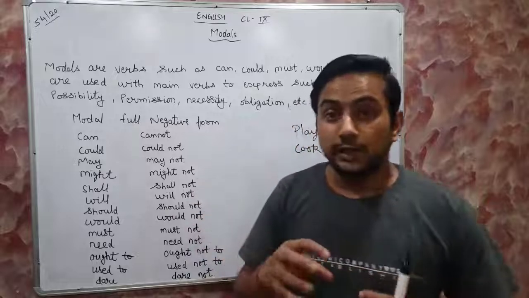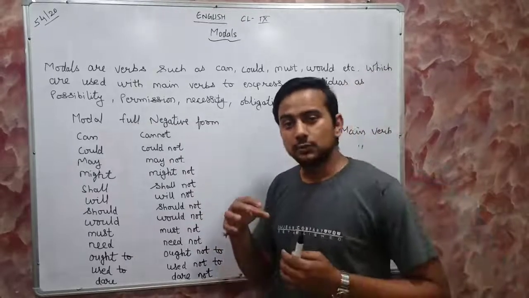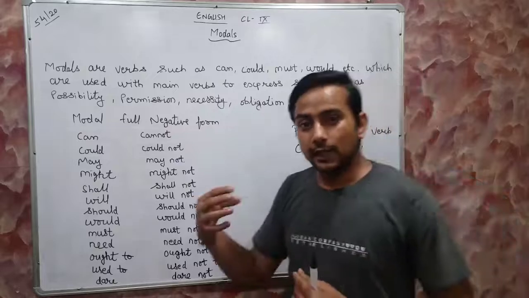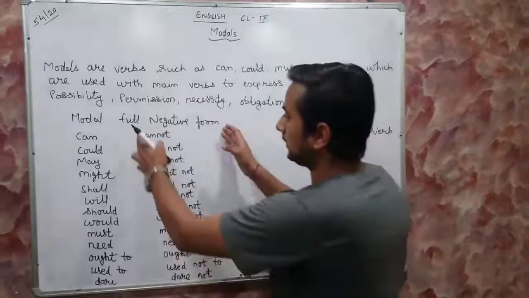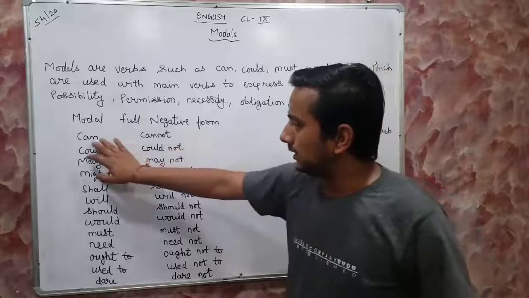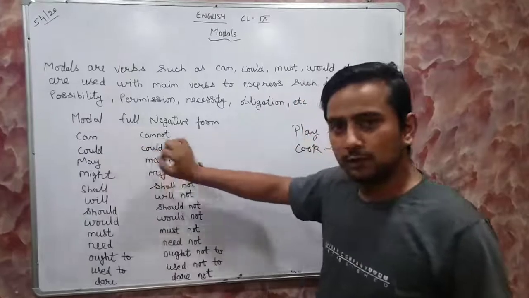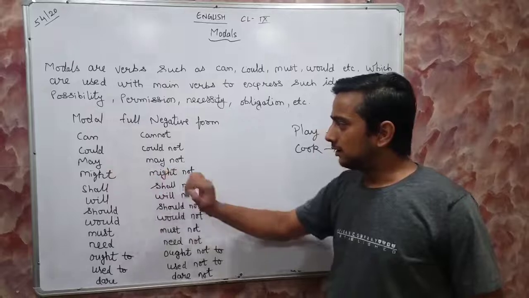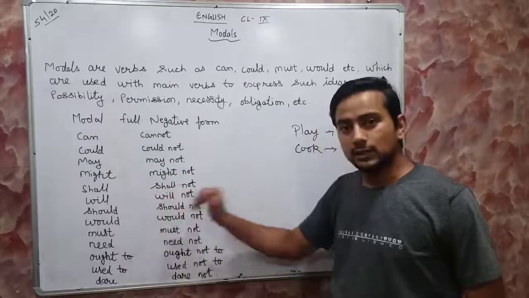In terms of making negative sentences, we will use some form of negative modals. So these negative modals are: can as cannot, could as could not, may as may not, shall as shall not.